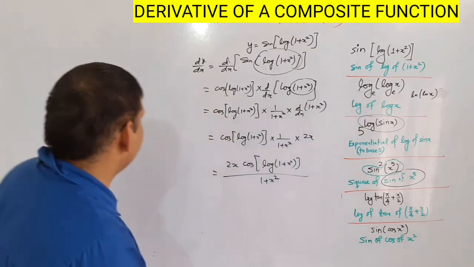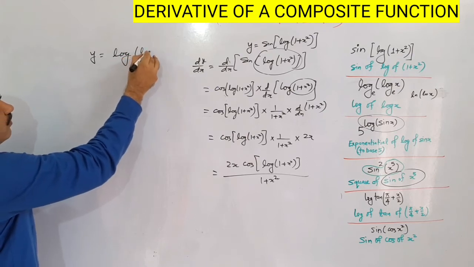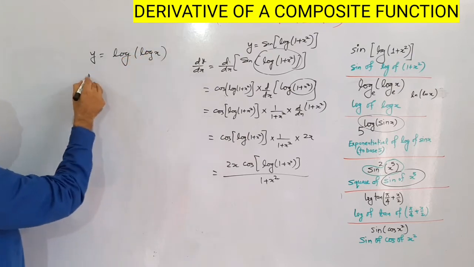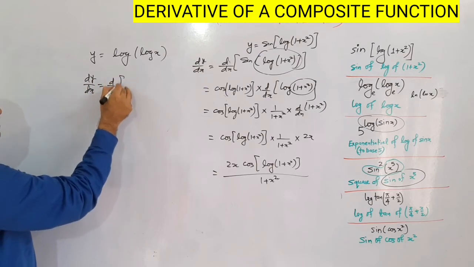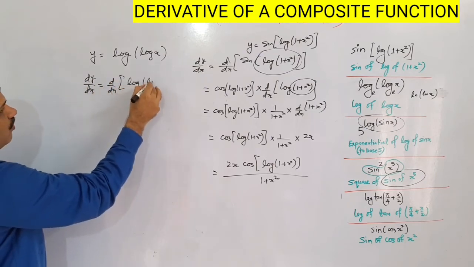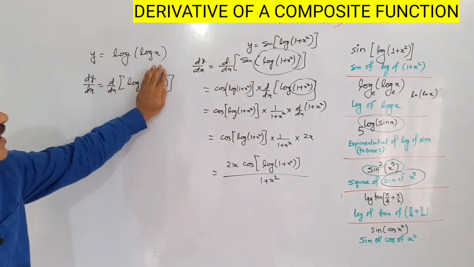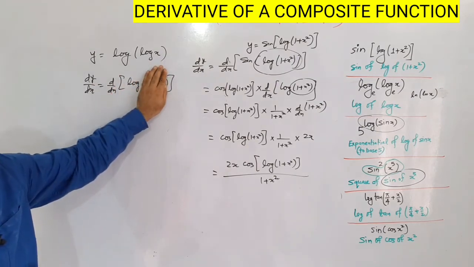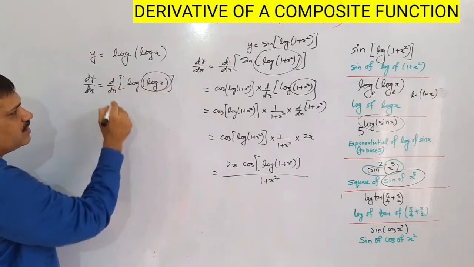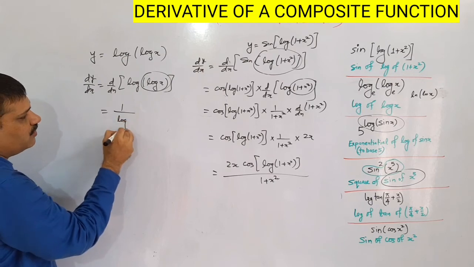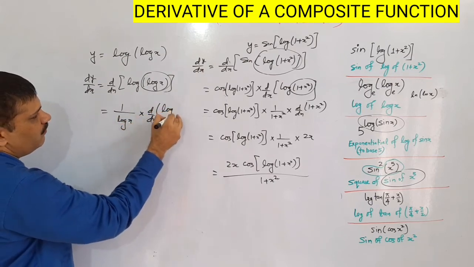Log of log x. So the derivative is, I'm just writing the whole function, log of log x. Now log of u, this will be treated as u, so the derivative of log u is 1 upon u. So that is 1 upon log x, into the derivative of u, that is derivative of log x.